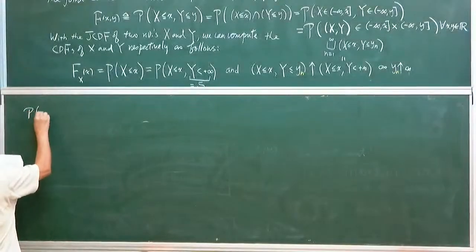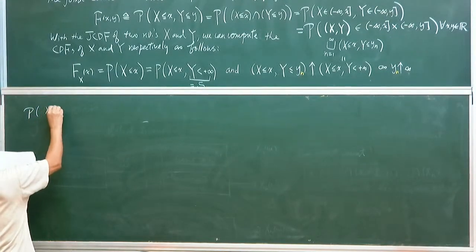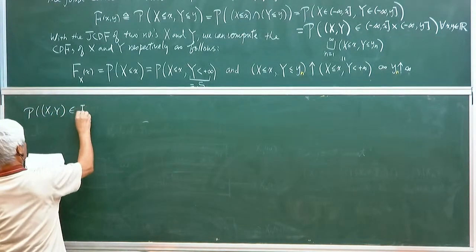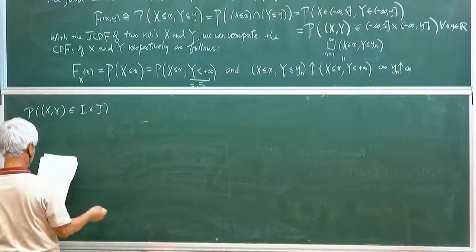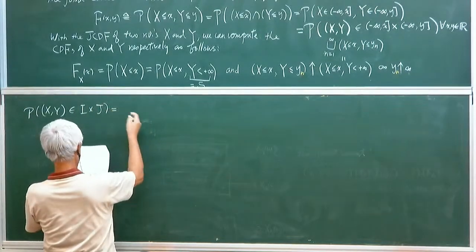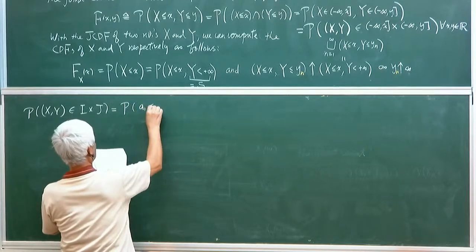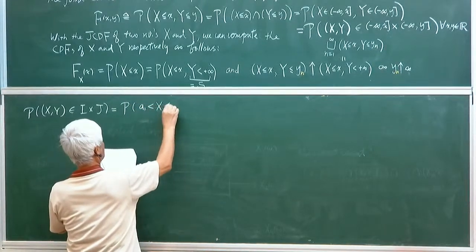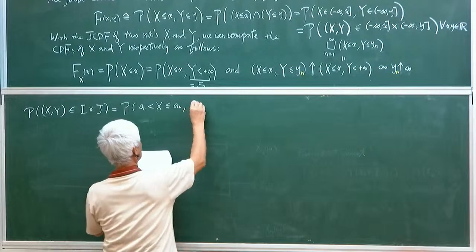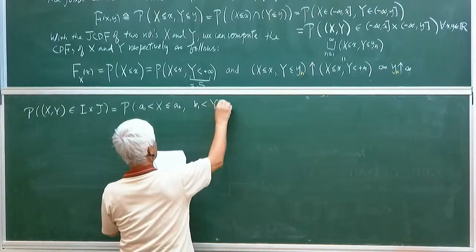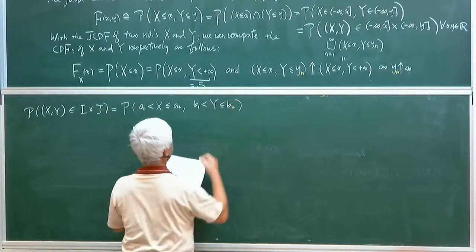All right, so we put it back together. The probability that XY is in I times J is the probability over A1, A2, B1, B2. Okay.